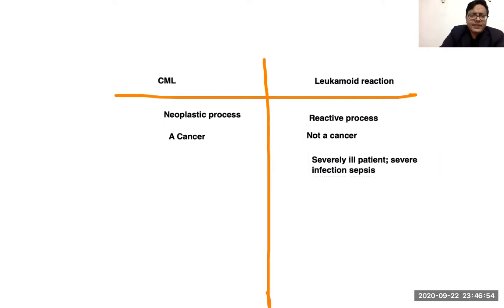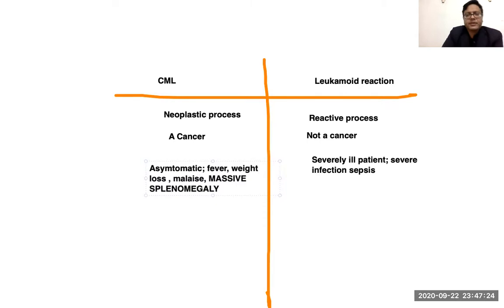In CML patients, presentation could be asymptomatic many times, 20 to 50% of cases, or there could be fever, weight loss, malaise, and features of splenomegaly. Splenomegaly is a characteristic feature, massive splenomegaly. Splenomegaly would be absent in the patient here.